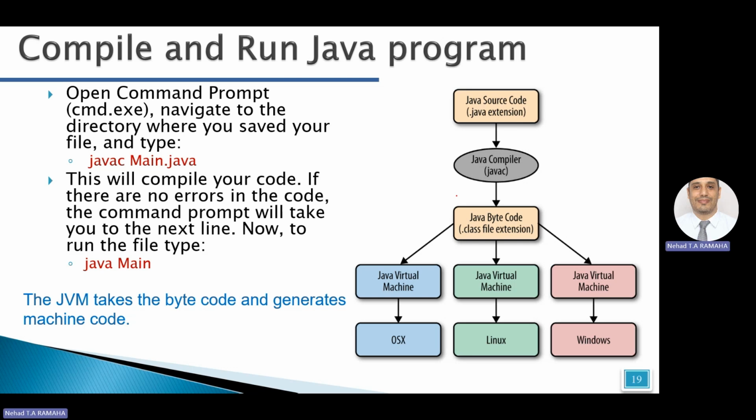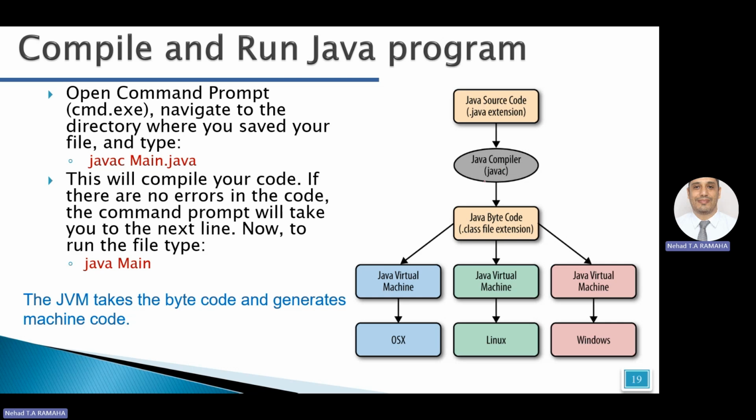So if we used only a compiler for Java, we would have to compile it to machine language, yes? Machine language depends on the operating system. So we would have to compile it especially for Windows, or especially for Linux, or especially for Mac. But Java has something in the middle.